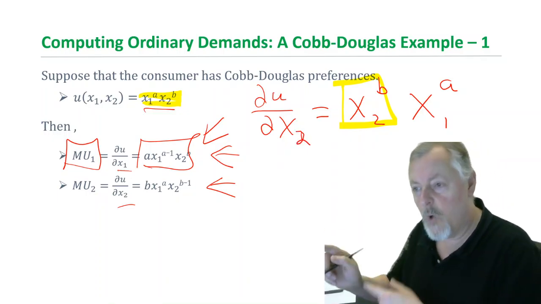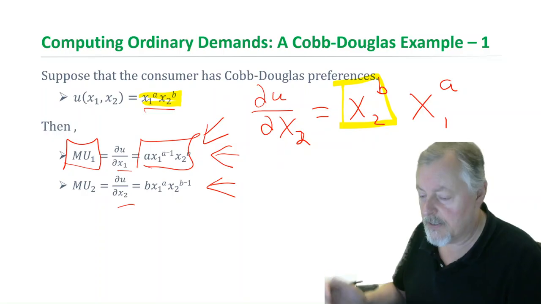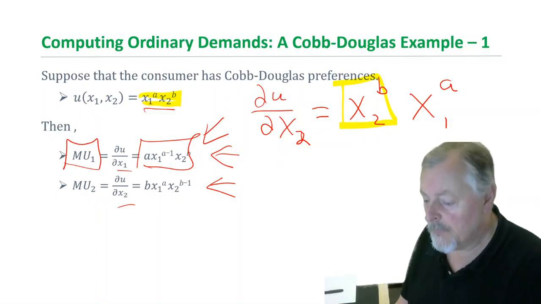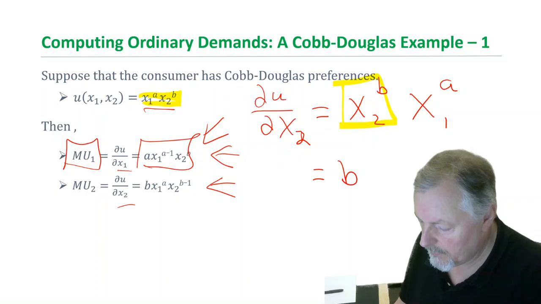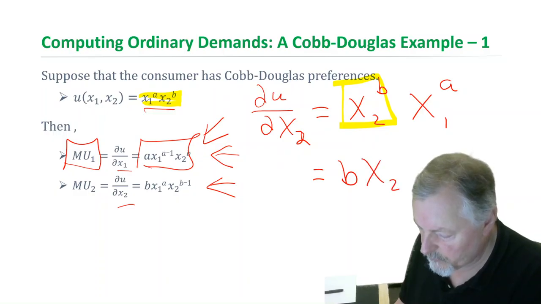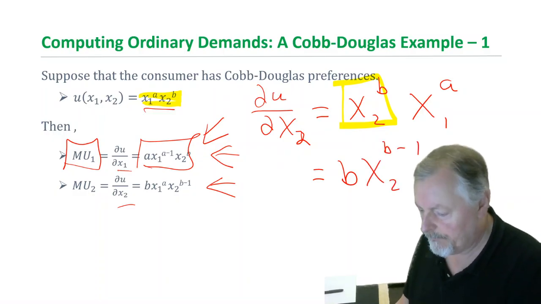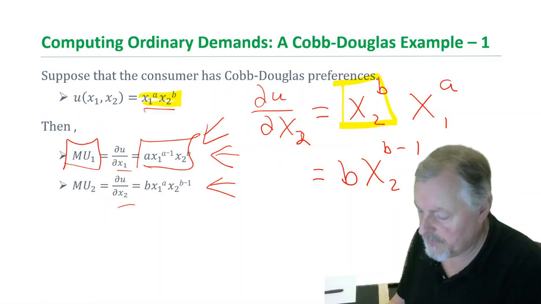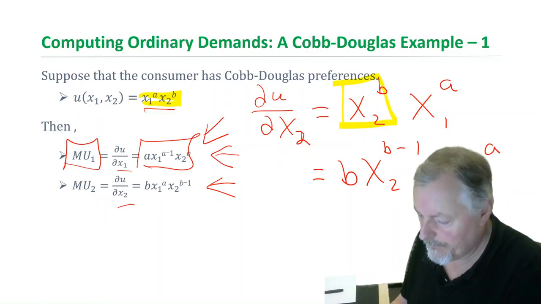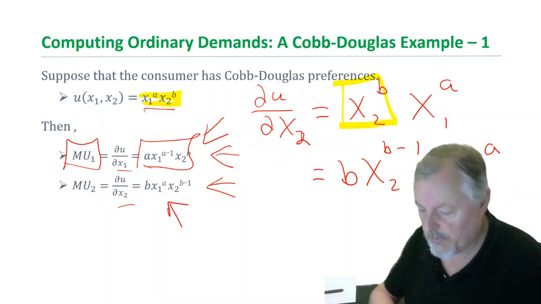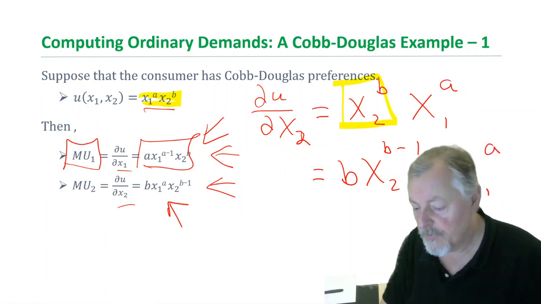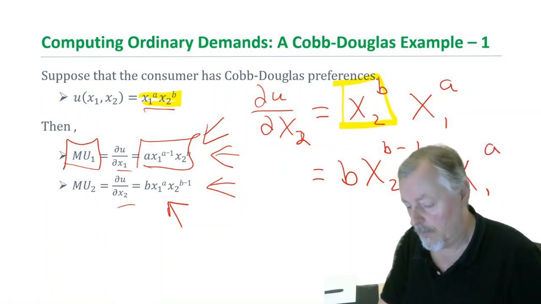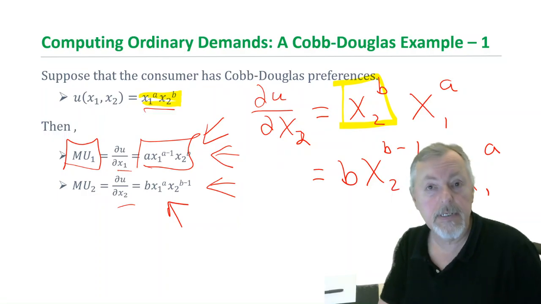So now x1 to the A power, treat it just like a constant. The derivative is equal to b times x2 to the b minus 1 times this constant, which is what you have there. Partial derivatives really are not that hard. And boy, are they useful in econ.